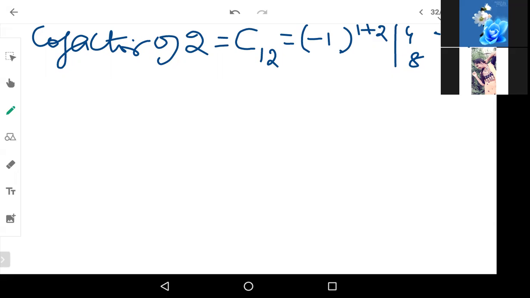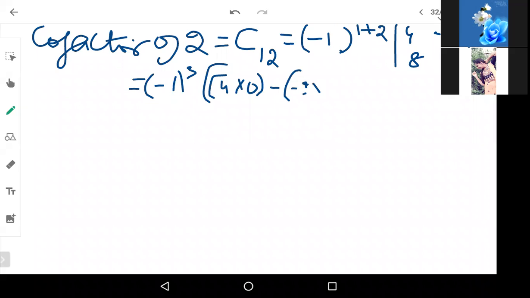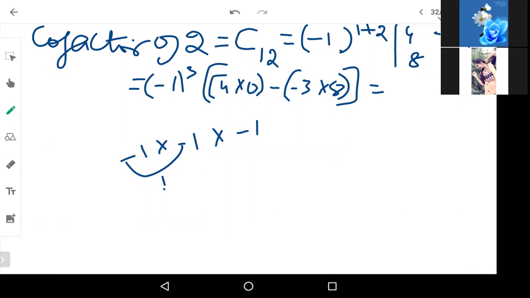Okay. Now solve this. -1 to the power 3 into 4 into 0 minus -3 into 8. Minus 1 into minus 1 into minus 1: minus into minus is plus, 1 into 1 is 1. Plus into minus is minus, 1 into 1 is 1.